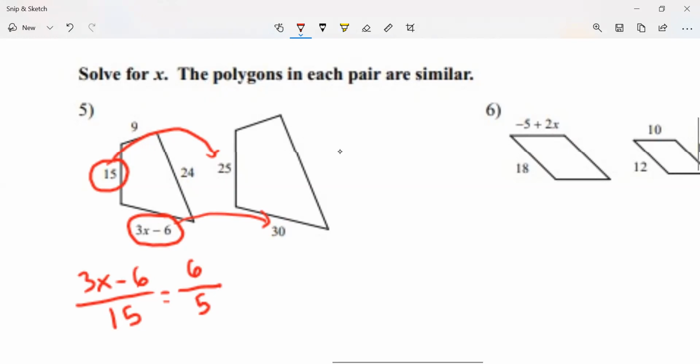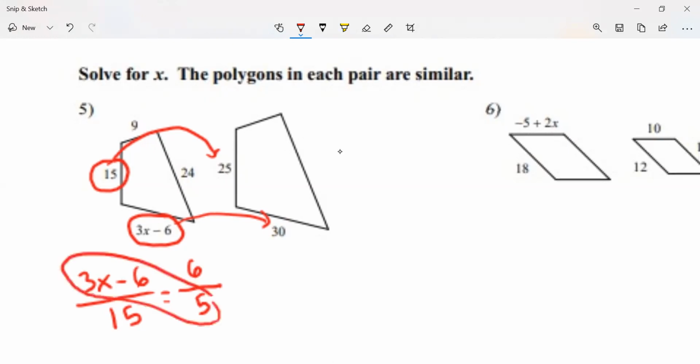Okay, so now let's go this way. When I multiply this way, because there's a minus, right? When there's a minus or a plus, the number that is by itself, in this case 5, I'm going to multiply to the other two numbers. So 5 times 3x and 5 times 6. Every time there is a plus or a minus, the number that is by itself gets multiplied to the other two.